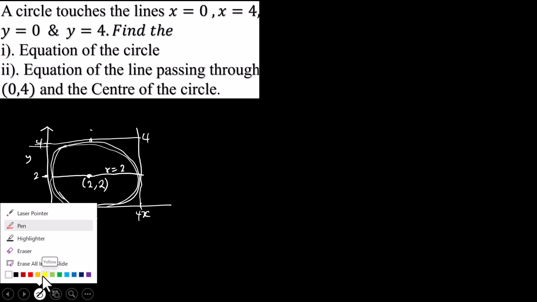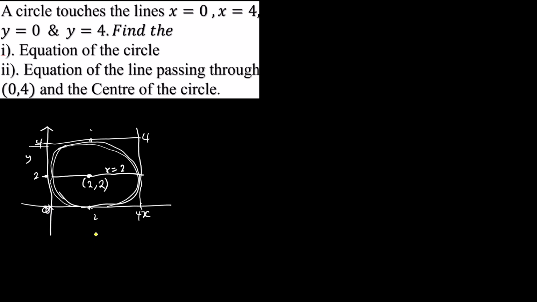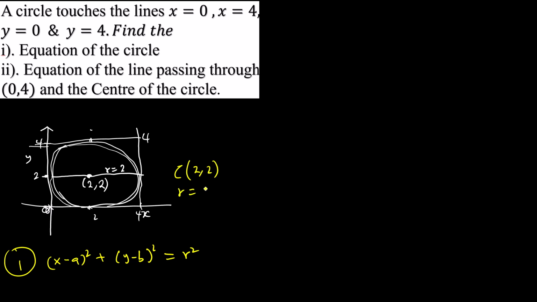So we have (x minus a) all squared plus (y minus b) all squared equals r squared. When given the center and the radius, this is the formula for finding the equation of a circle. Here my center is (2, 2) and my radius is 2.